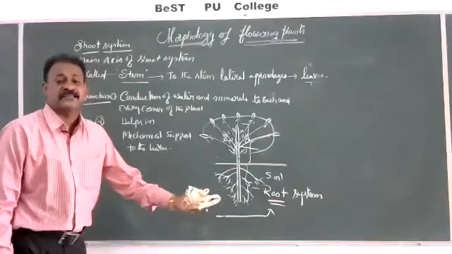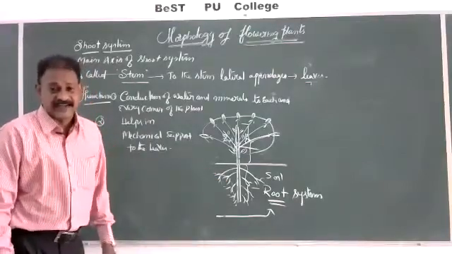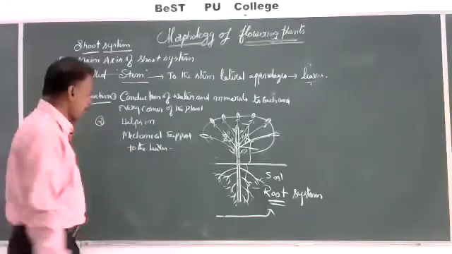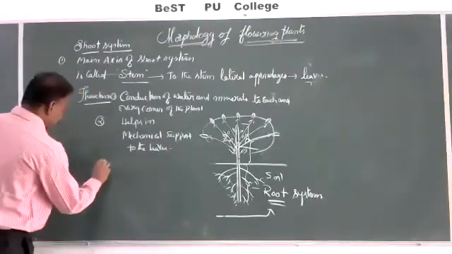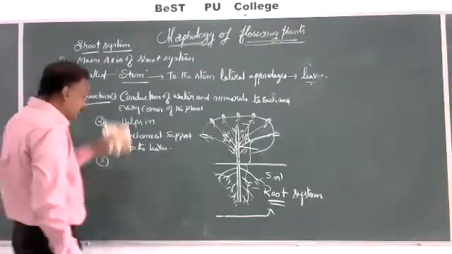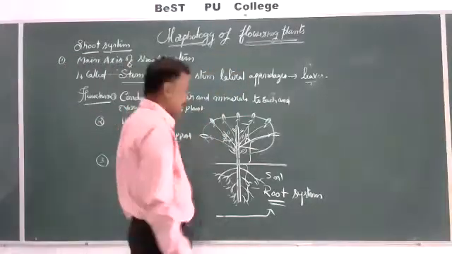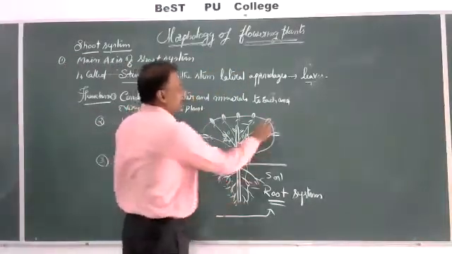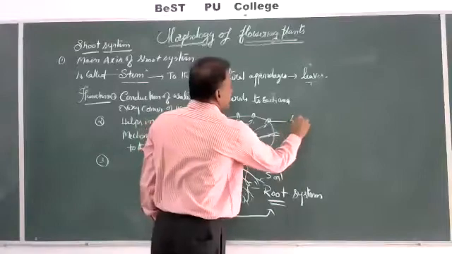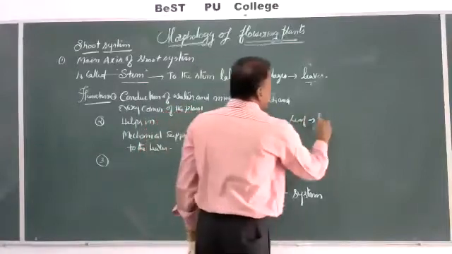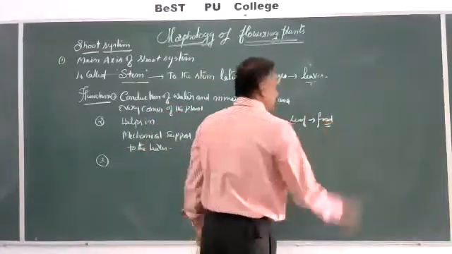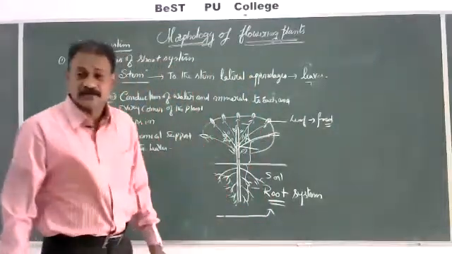Unless they are exposed, they cannot get sunlight and they cannot prepare food material. And when leaves are exposed to the sunlight, with the water and mineral elements, every leaf prepares food material, maybe in the form of glucose, starch or sucrose.